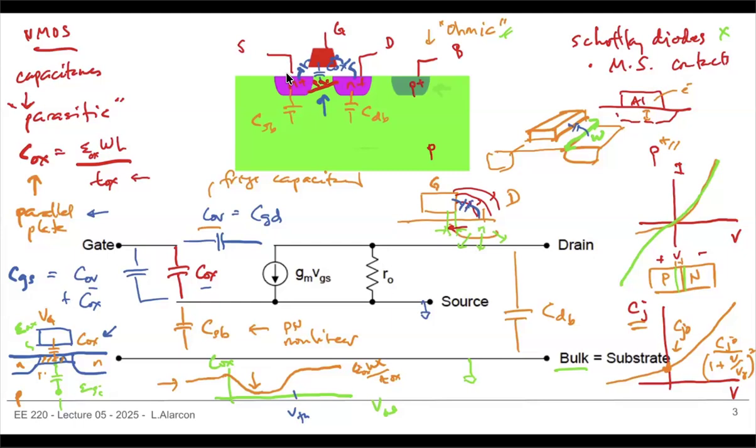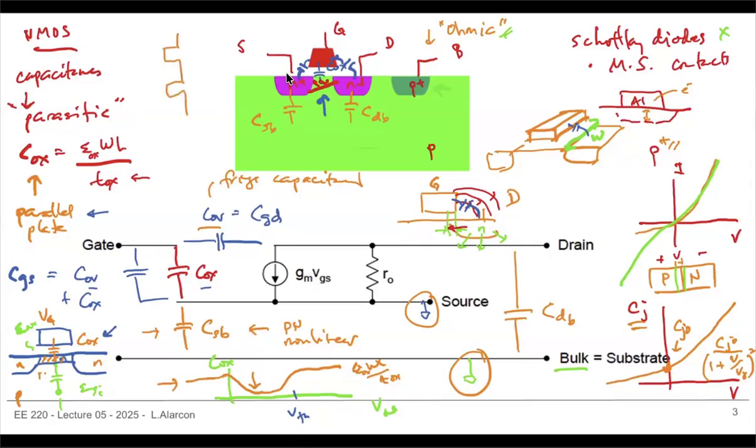And as you would imagine, if I have the bulk connected to ground and the source connected to ground, then this does not really play much of a role. But in most cases, we have a lot of transistors where the source is not connected to ground. For example, you have your cascode.